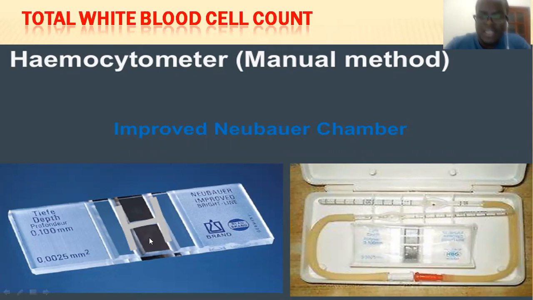The one at the center is different because inside it has about 25 smaller squares. The squares at the corners and the one at the center are what you count for red blood cells. But for white blood cells, you consider the bigger squares on the corners. So you have the 4 bigger squares on the corners of the 9 squares. Those are the ones you concentrate on for white blood cells.